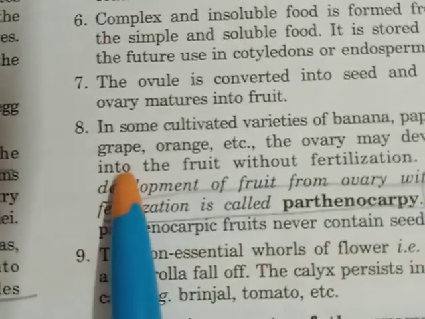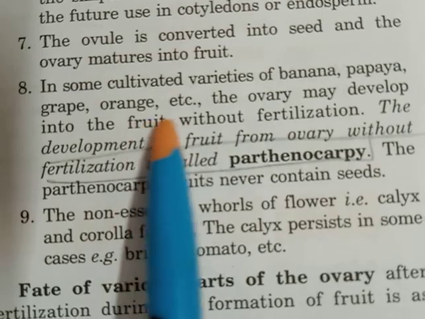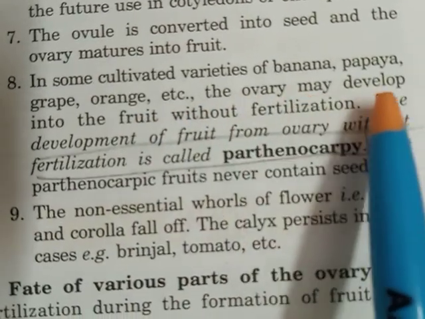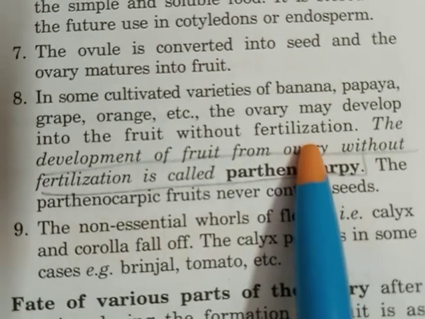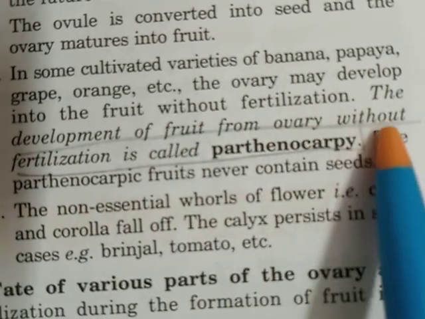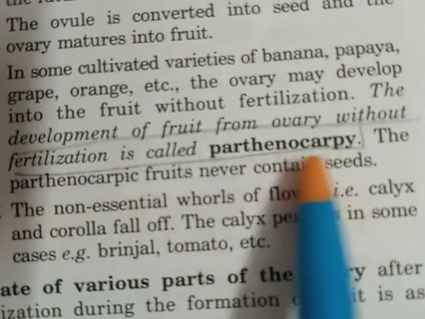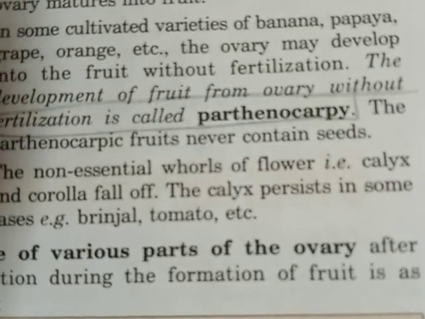In some cultivated varieties of banana, papaya, grapes, orange, etc., the ovary may develop into fruit without fertilization. The development of the fruit from the ovary without fertilization is called parthenocarpy. So children, we have seen that a fruit is formed after the fertilization.